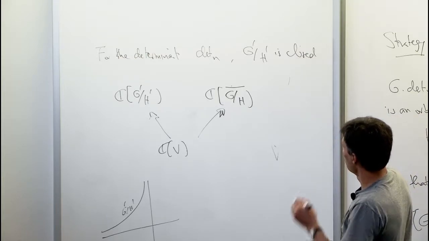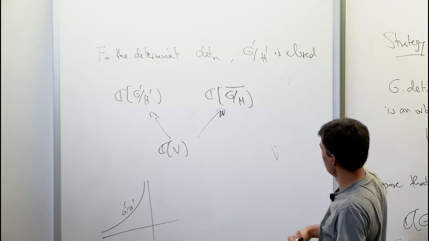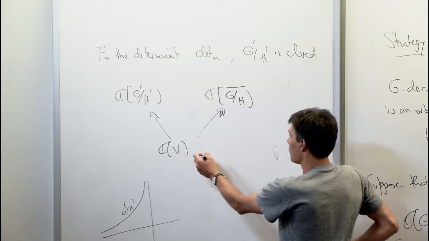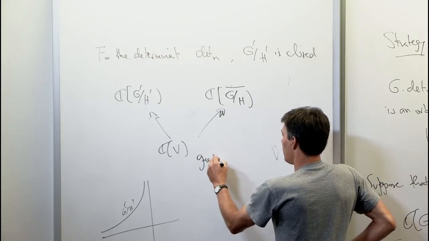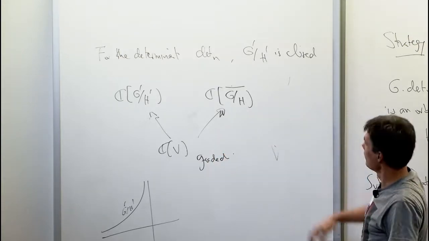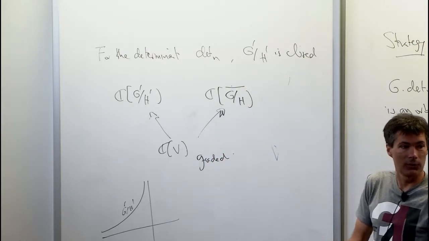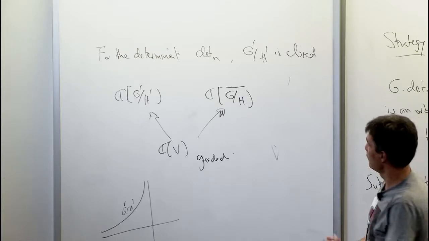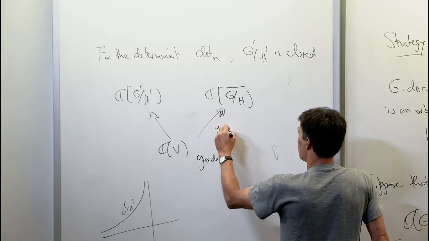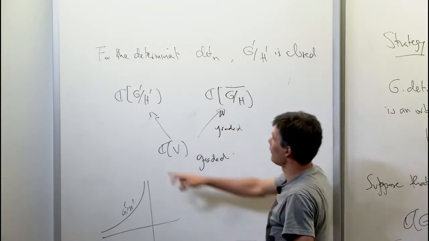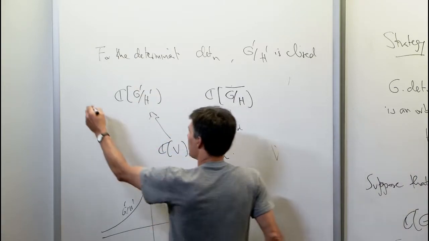An important thing to mention is that this is the space of polynomials, so it's graded by the degree. And since here we have a cone, this is also graded by the degree, and this map is graded. But this one is not a cone anymore, so there is no grading here.